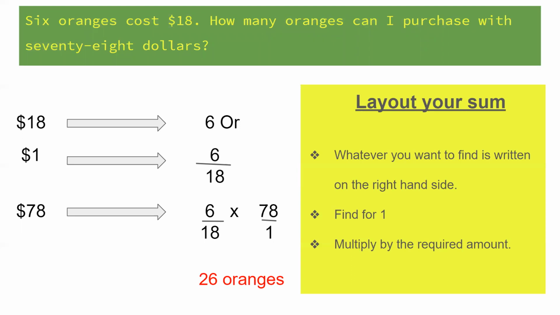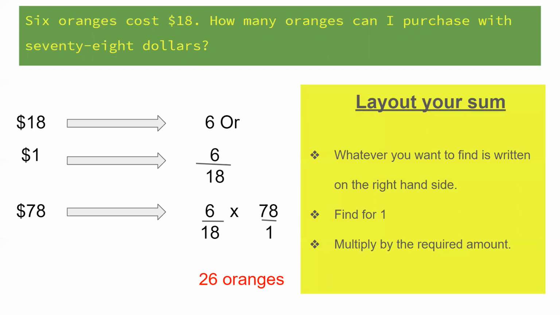6 oranges cost $18. How many oranges can I purchase with $78? We're required to find the number of oranges. And remember, whatever you want to find is written on the right-hand side. $18, 6 oranges.